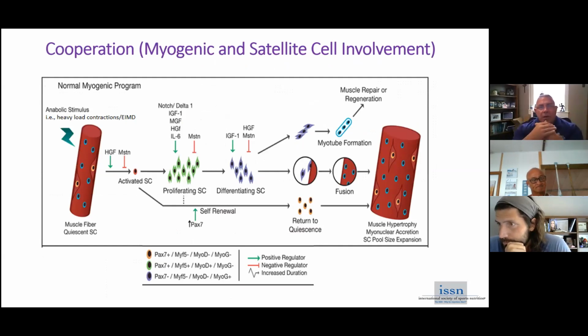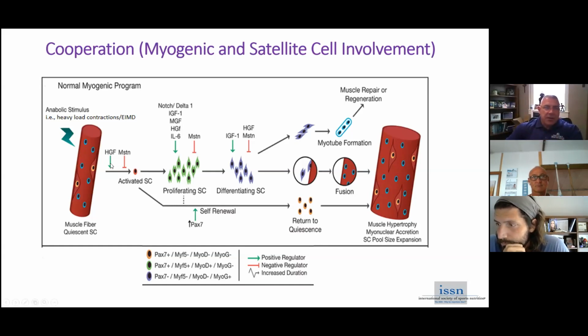So this is where I was talking about the other category on the first slide, cooperation, and this is one that just continues to fascinate me more and more. We're learning more and more all the time about how satellite cells behave. Satellite cells are simply muscle stem cells. They're like baby muscle cells that never developed.